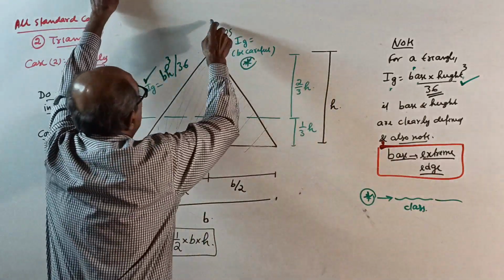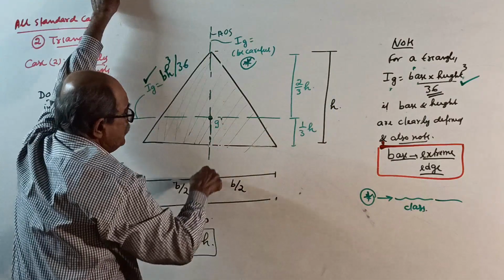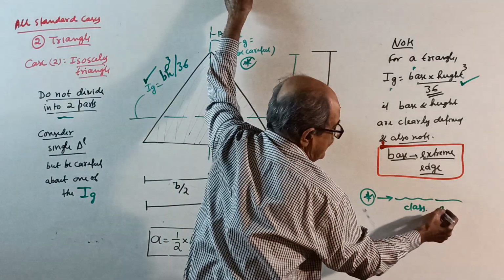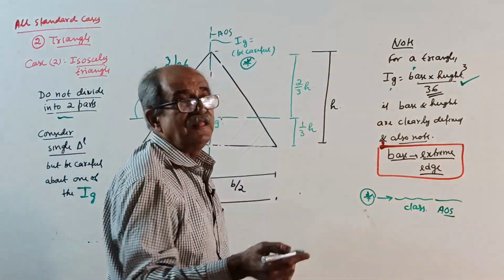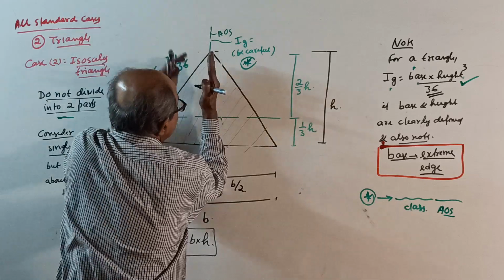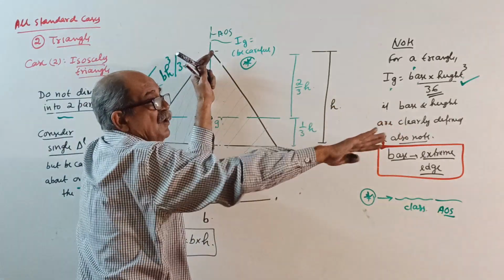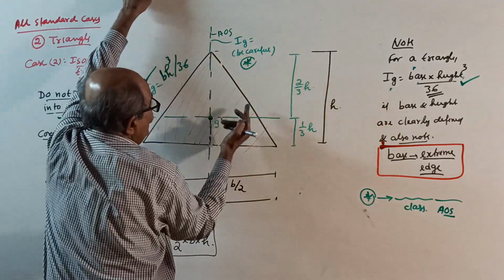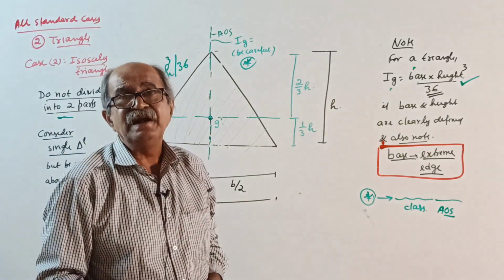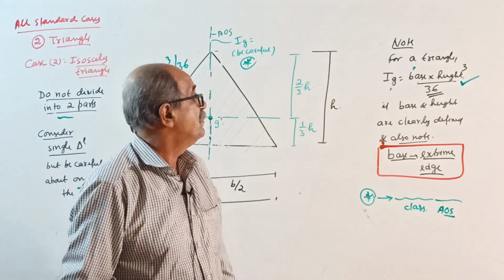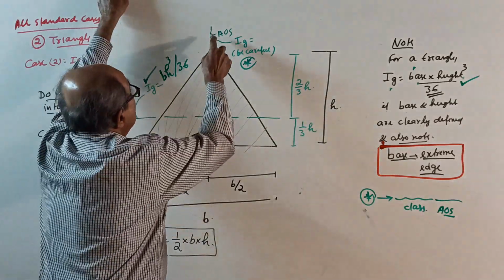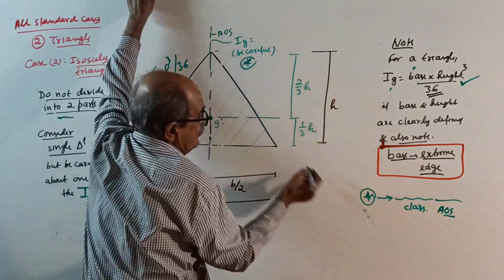When you consider that centroidal axis which is perpendicular to base, which is axis of symmetry for an isosceles triangle, this is not base. It is a base provided you look one side. Of course, this symmetry axis will divide into two right angle triangles. If you consider each right angle triangle separately, it is a base. Correct, understood. But it is not the base. So this is something special.